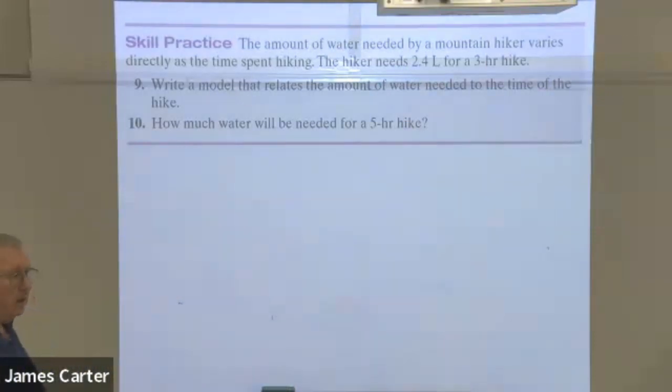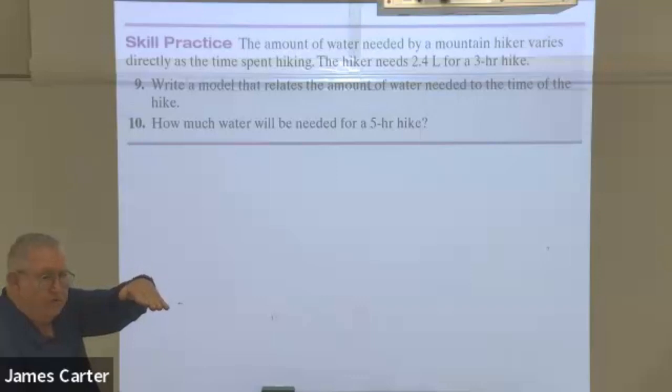Okay. And water replenishment is critically important to human survival. Well, in here, water needed by a hiker is 2.4 liters, just about this big around, 2.4 of those, for a 3-hour hike.